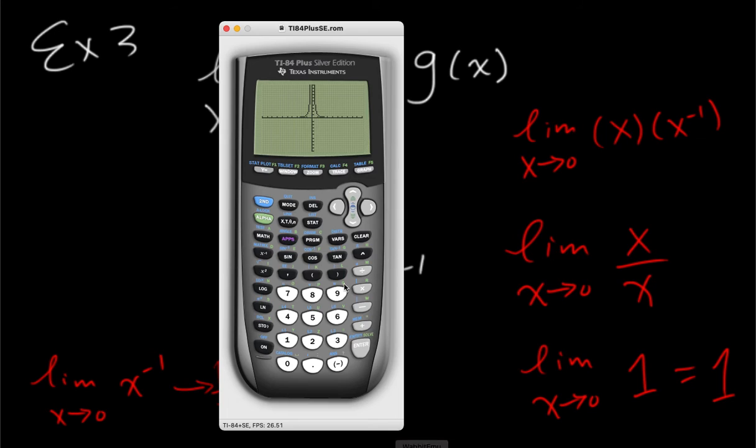Let me just show you where I'm getting that. So if we do 1 divided by x, and we graph that, if we start approaching 0, we go negative infinity or we go positive infinity, depending on which direction. Those don't line up, so there's no limit, right?